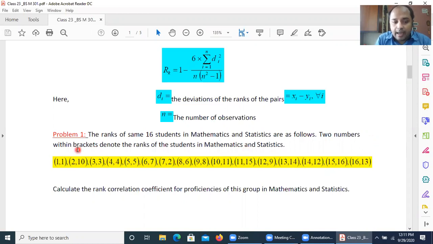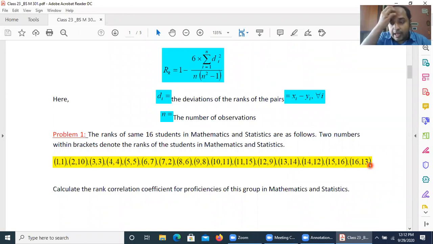The first value of the ordered pair represents the rank of the student in mathematics, and the second value represents the rank of the student in statistics. So a student who has got the first rank in the mathematics examination is also first in the statistics examination. And who has got rank 16 in mathematics has got rank 13 in statistics.